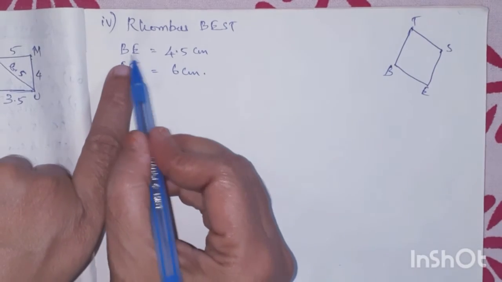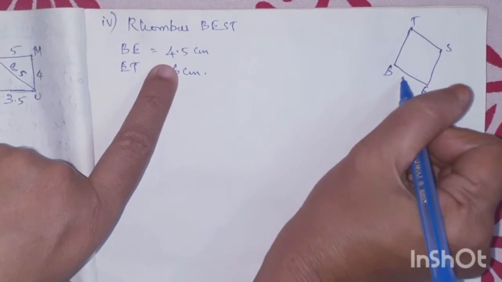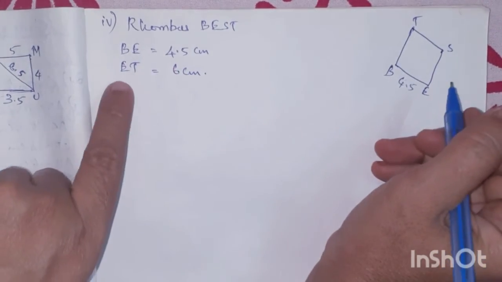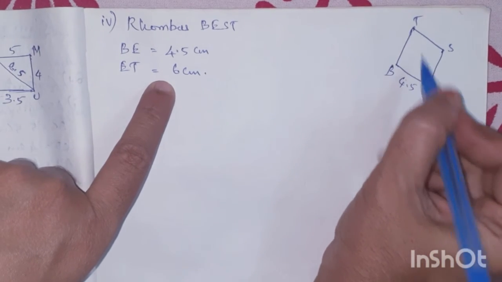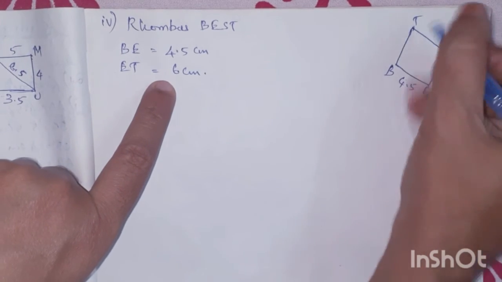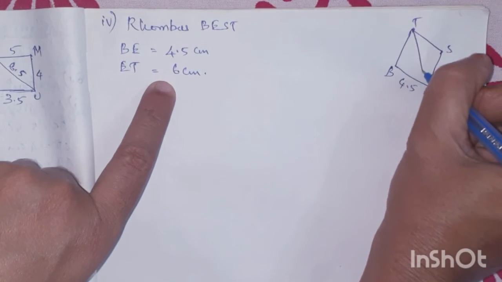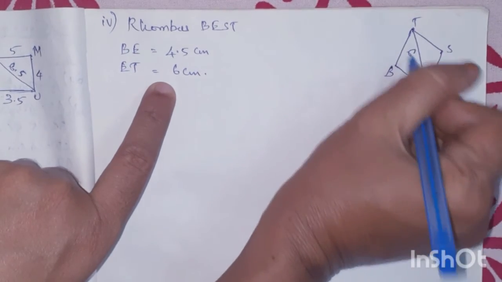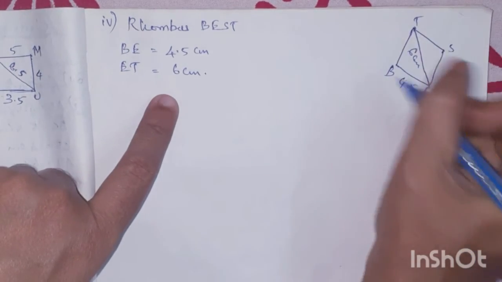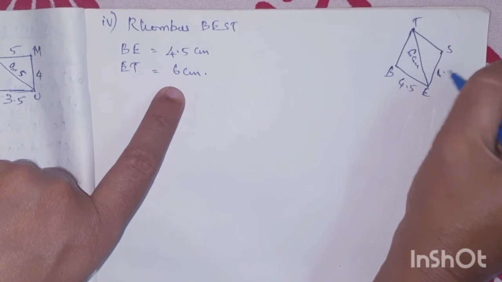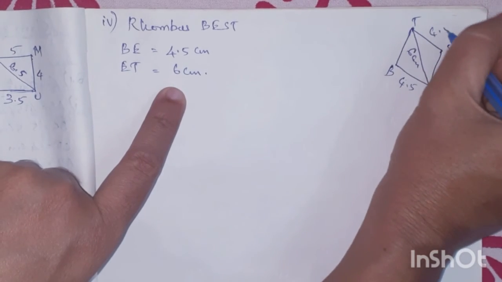BE is 4.5. ET, that is 6 centimeter. All the sides are equal means all the sides 4.5 centimeter.